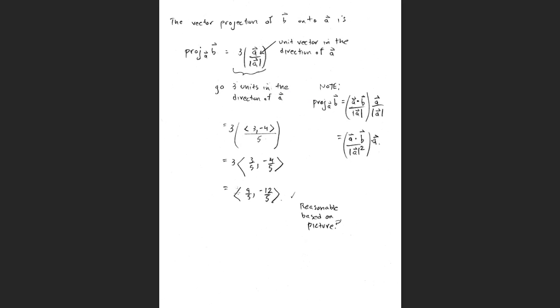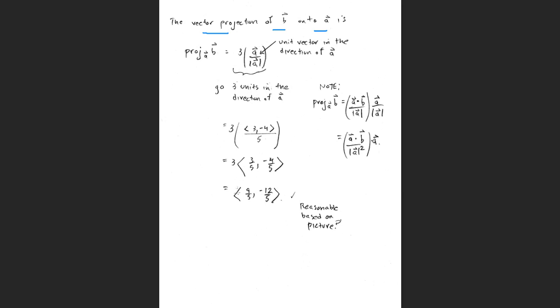The vector projection of the vector B onto A is simply equal to 3 times this unit vector in the direction of A. When you think about it, it makes sense.